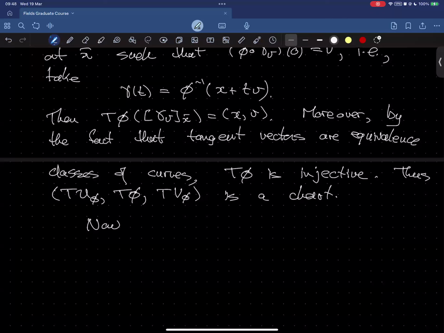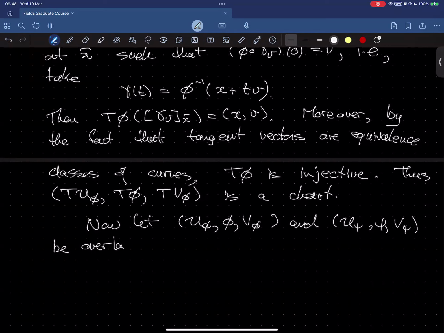So now let U phi, phi, V phi and U psi, psi, V psi be overlapping charts from A.